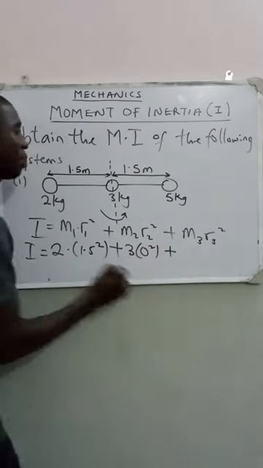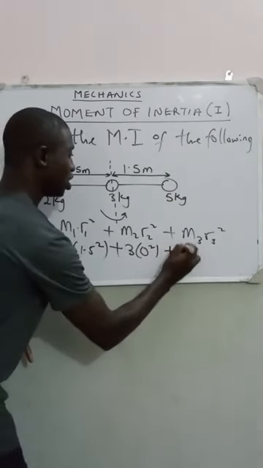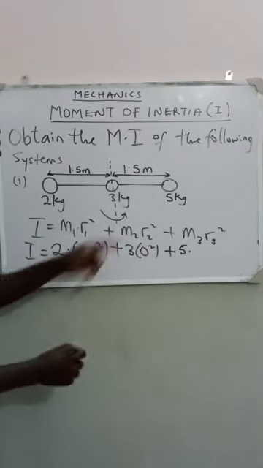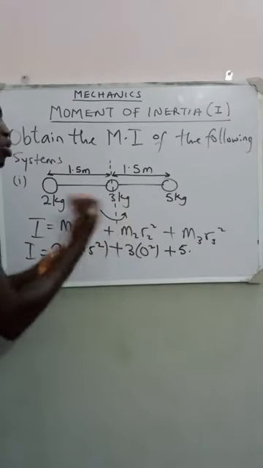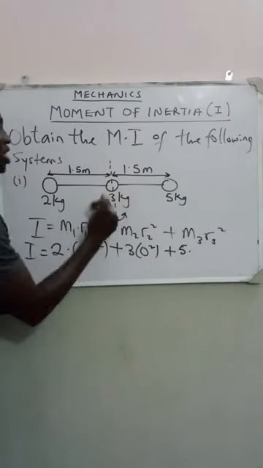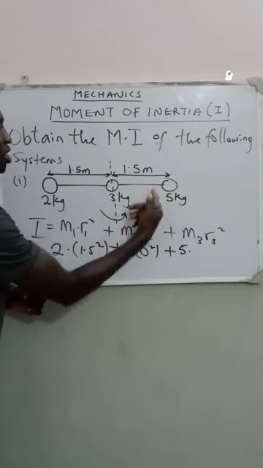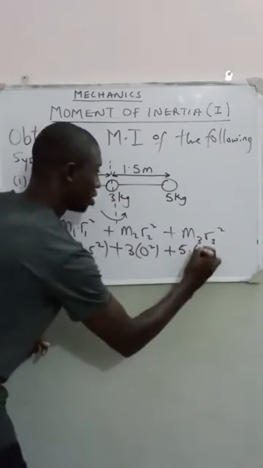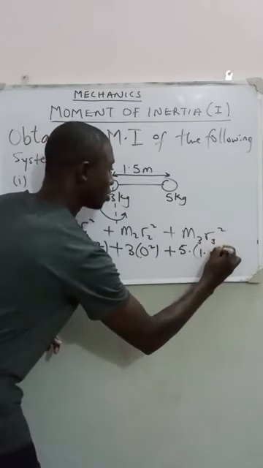Plus the third one, M3, which is 5 kg multiplied by its distance from the point of rotation. It was rotated at the middle, and the distance is 1.5 meters.